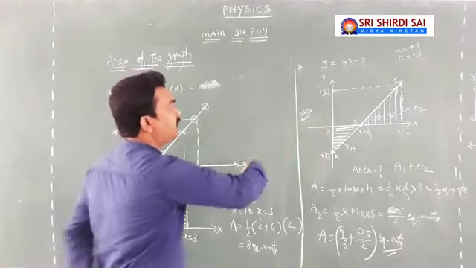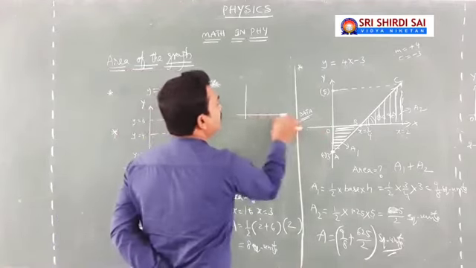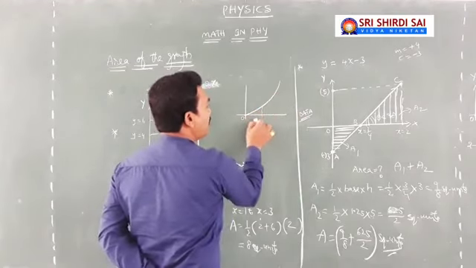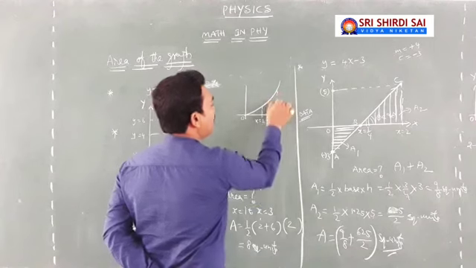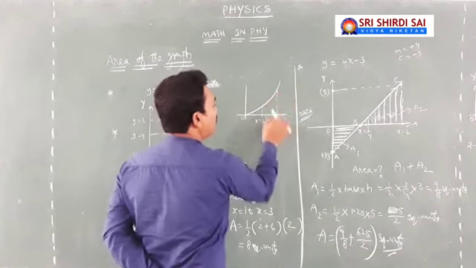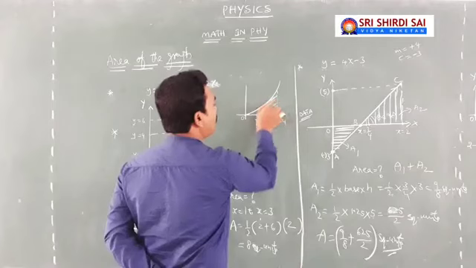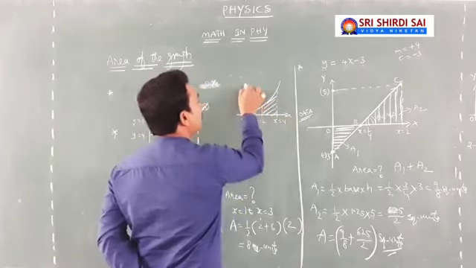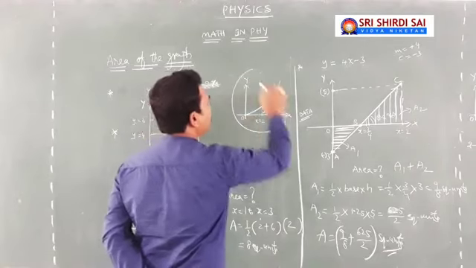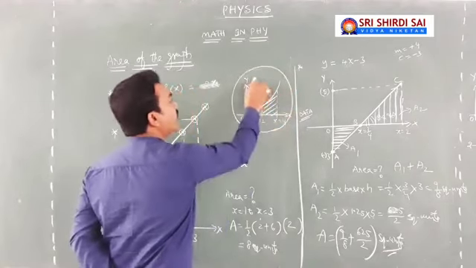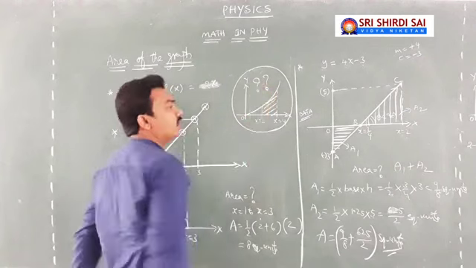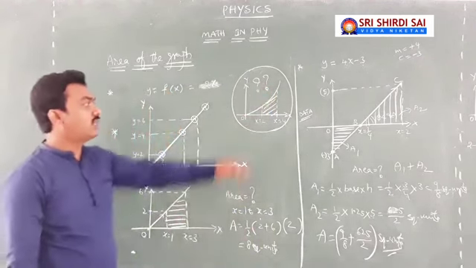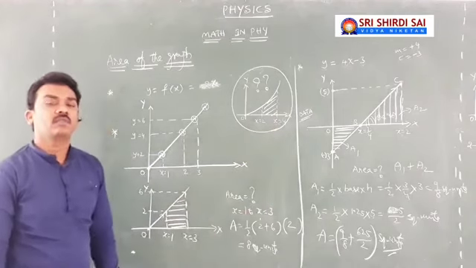I am writing here: y equal to f of x is a curve. So you wish to calculate the area covered by the curve from x equal to 2 to x equal to 4, meaning this shaded portion. How to calculate this shaded portion? This is the question mark. For this, there is a little different mathematical analysis that we are going to discuss in the next class.